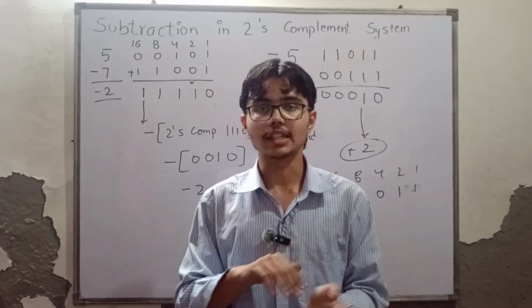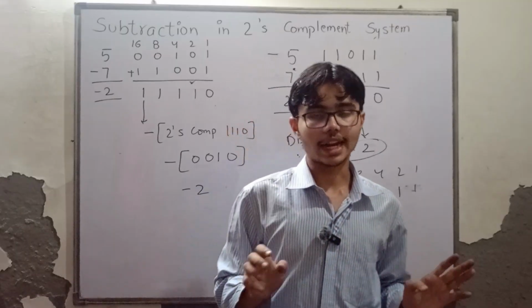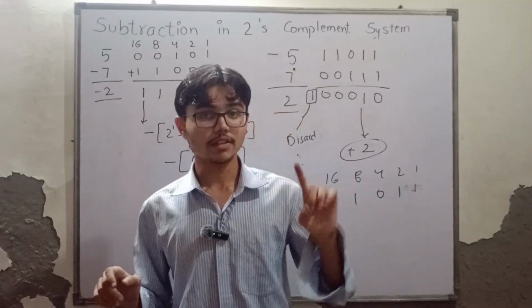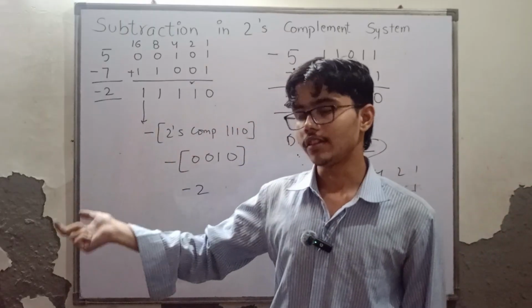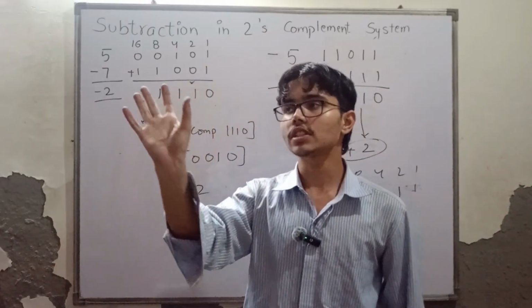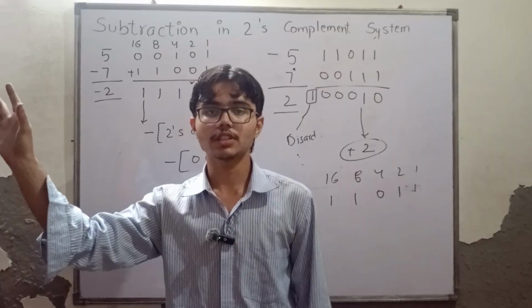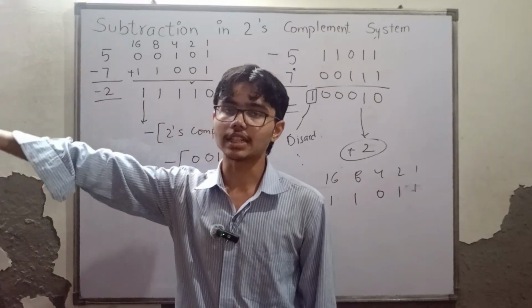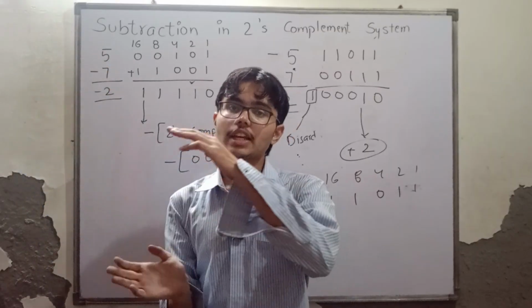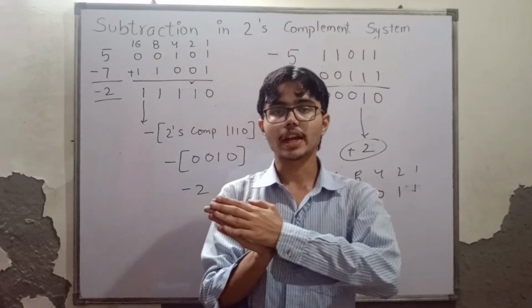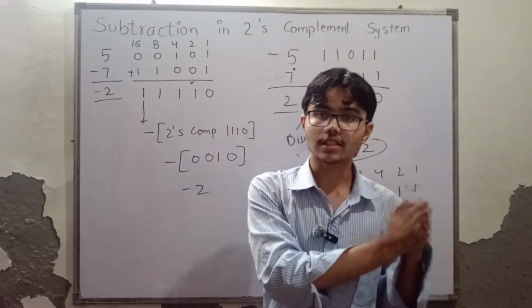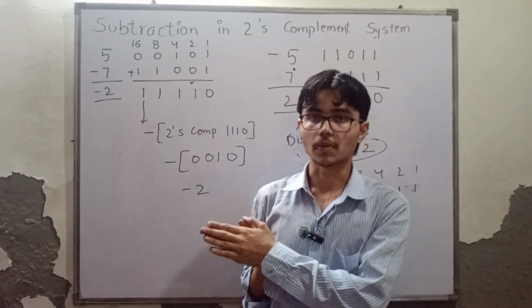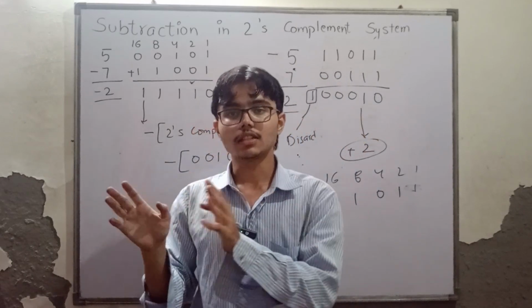If the carry is generated, add the carry back in 1's complement. In 2's complement, you just see the minus sign. If a minus sign is there with any number, convert that number into 2's complement form and add it with the other number. If the carry is generated, discard the carry and compute the answer accordingly.